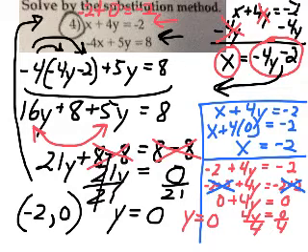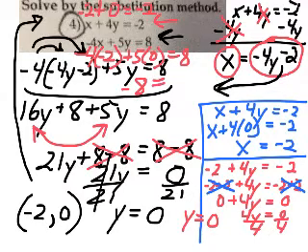Okay, here we have negative 4 times a negative 2 plus 5 times 0 equals 8. I'm running out of room, you can see. Alright, 4 times a negative 2 is a negative 8. The 5 times 0 is 0, so that's gone. Negative 8 equals negative 8.